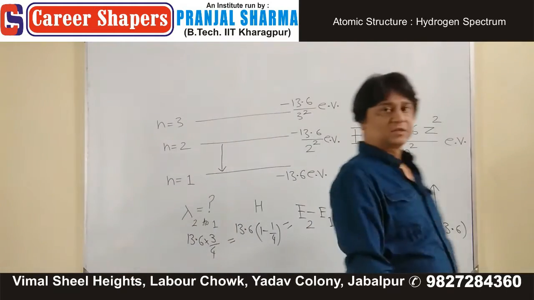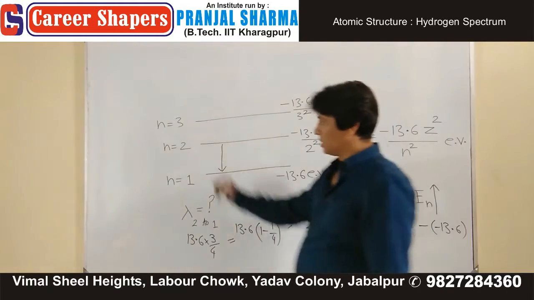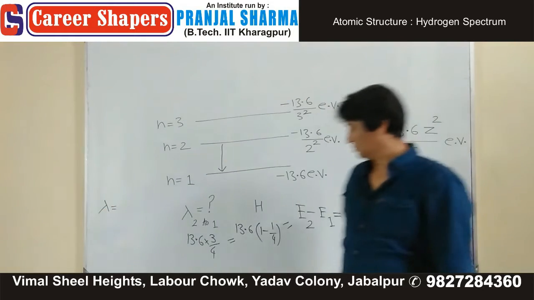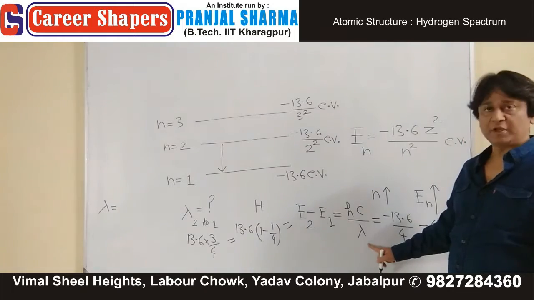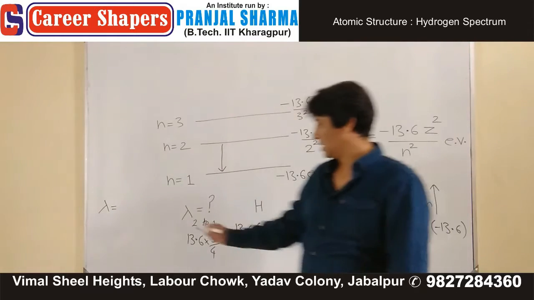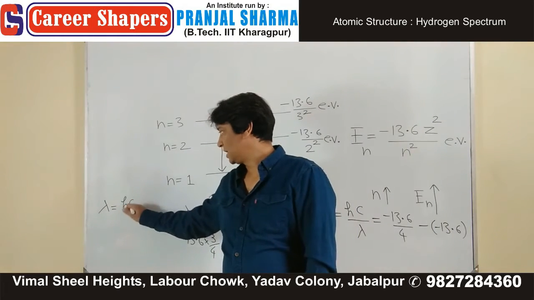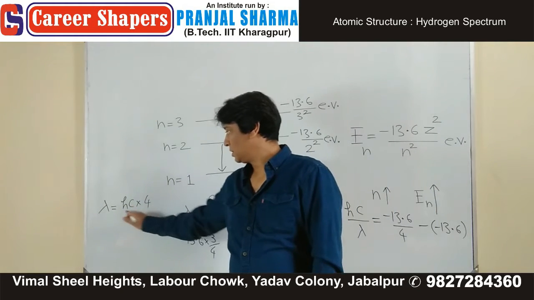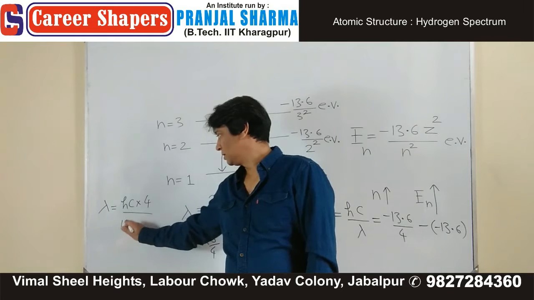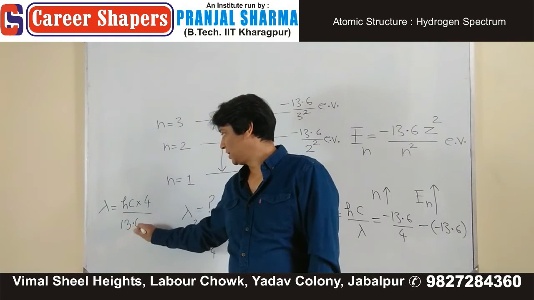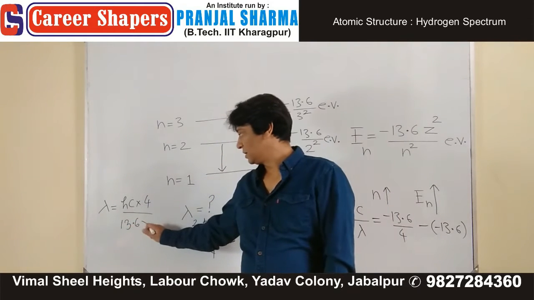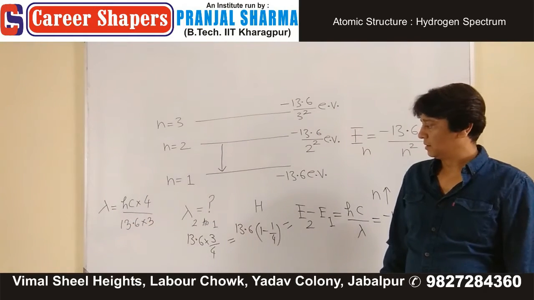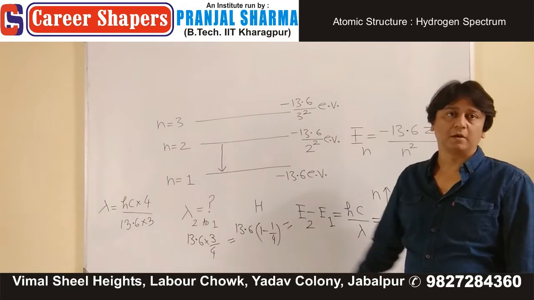This is your hc upon lambda, and the value of lambda from this is hc multiplied by 4 divided by 13.6 into 3. That's how we can find wavelength.